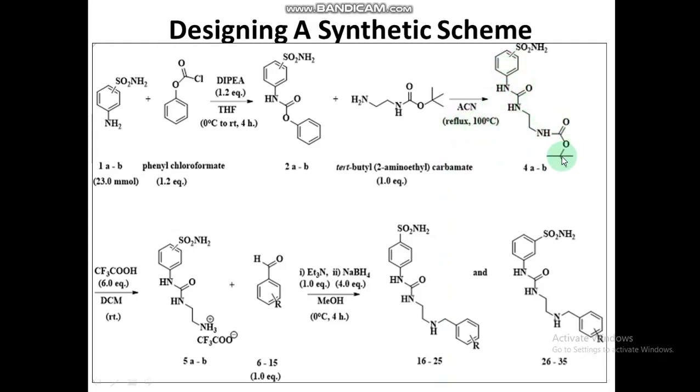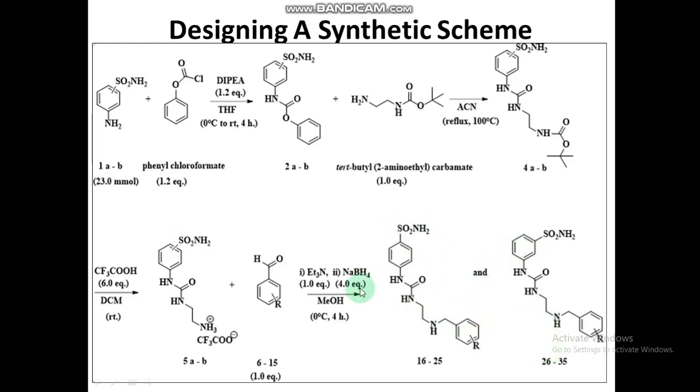Then we get a Boc protection, and with the help of trifluoroacetate, salt formation occurs. Then different benzaldehydes containing different R groups are treated with this salt, and by reduction with sodium borohydride we get the final compound.